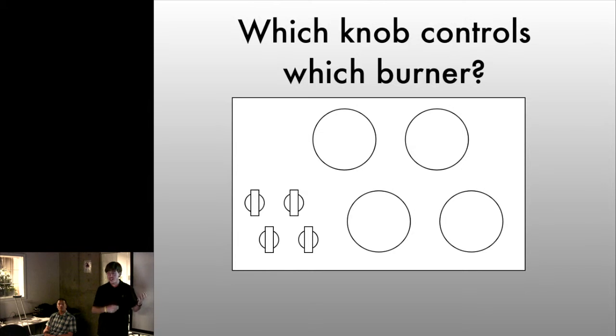And so you can see that I don't even have to think to figure out which control does what burner. It's obvious because of the mapping. Things like this seem small, but these kind of mistakes, when added up over time, become really annoying. So you want to make sure that your mapping makes sense in your design.